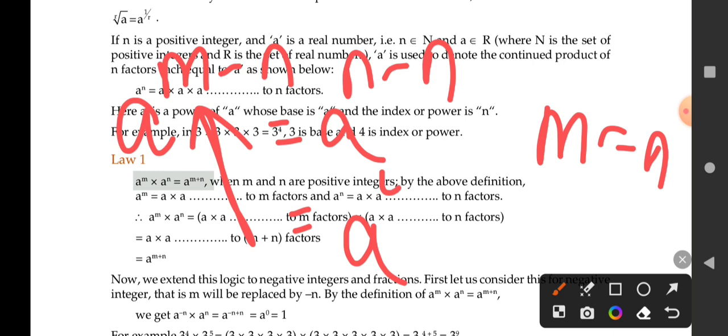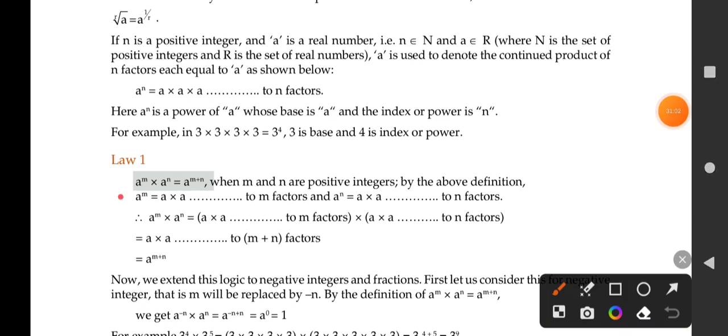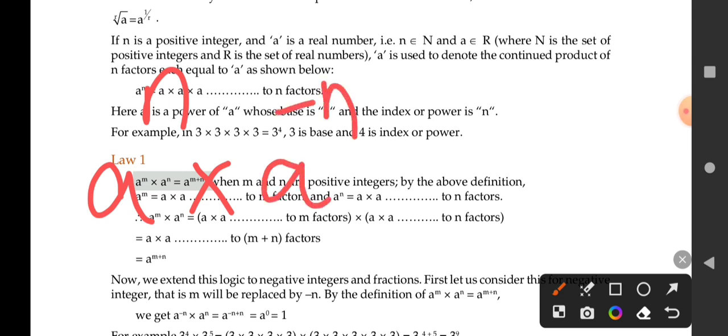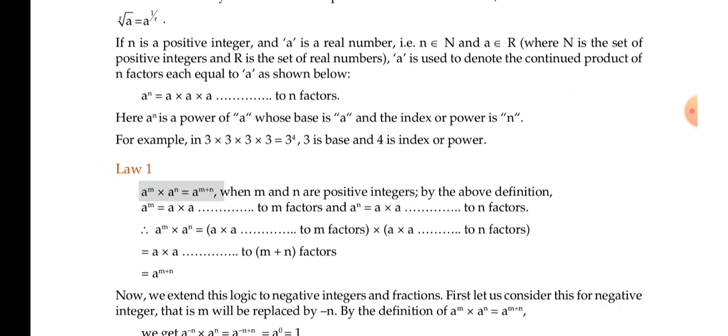A power 0, and anything raised to 0 is 1. Next, a power n into a power minus n. What about this? Again, you get a power n minus n, which is equal to 0.